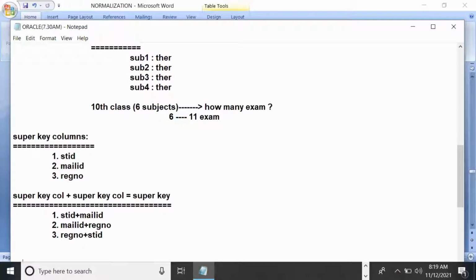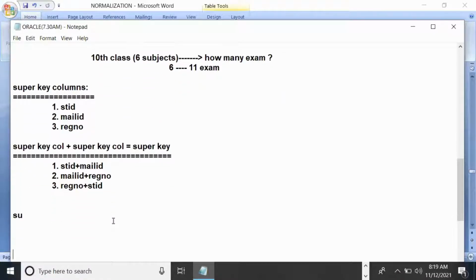In the same way, I can also say it like this: super key plus super key plus super key, again, is also called a super key only.